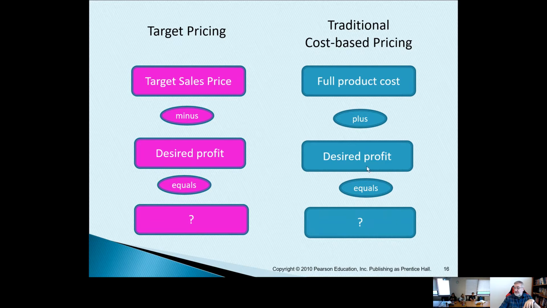If your cost to sell the gas plus your desired profit tells you that you need to be charging $2.80 a gallon in order to make the profit you want to make, but you got a competition gas station on the other corner, because you got 4 corners at every intersection. So you got one on one of the other corners, and he's selling gas at $2.50 a gallon. How many gallons of gas do you think you're going to sell at $2.80? Not a lot. Not a whole bunch, because everybody's going to go across the street, right?